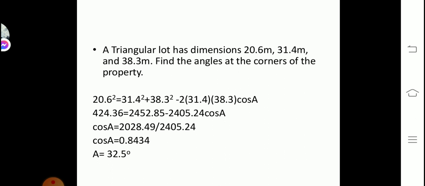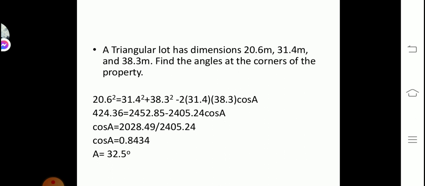So 20.6 squared equals 31.4 squared plus 38.3 squared minus 2 times 31.4 times 38.3 cos A. So 424.36 equals 985.96 plus 1,466.89 minus 2,405.24 cos A. So cos A equals 2,028.49 divided by 2,405.24.